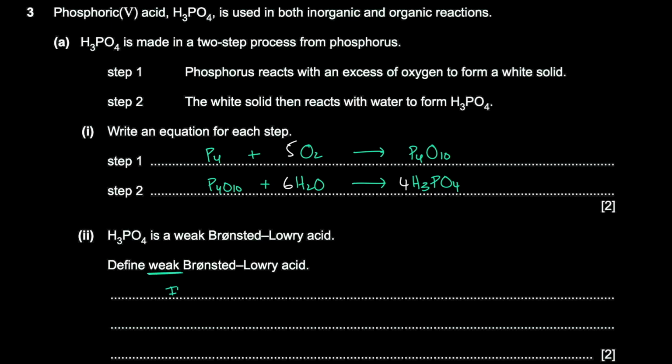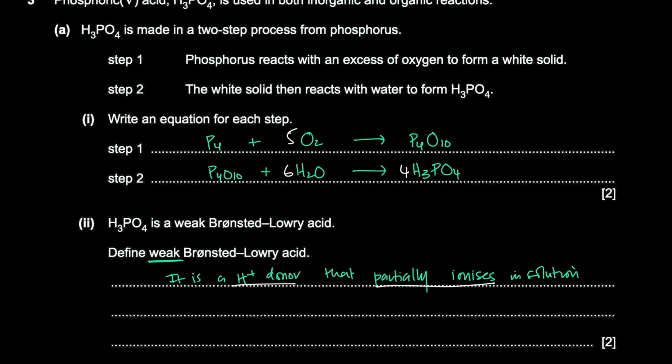So it is a proton donor that partially dissociates or partially ionizes in solution. That's what we mean by weak. So a weak acid donates a proton and partially ionizes in solution. This is the acid part and this is the weak part.